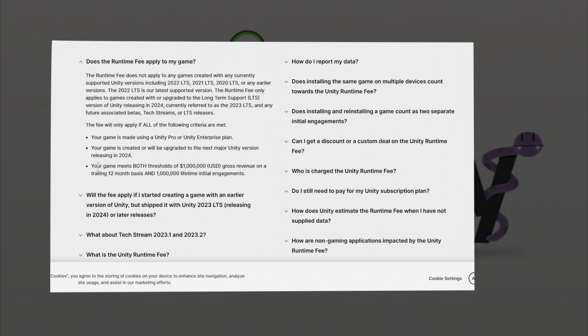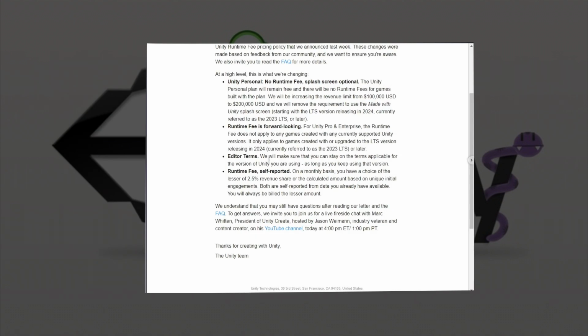Along with that, your games have to meet both thresholds of 1 million USD gross revenue on a trailing 12-month basis, and not or, and 1 million lifetime initial engagement. That, I think, is referring to 1 million unique downloads. Well, this is good, let's move on.